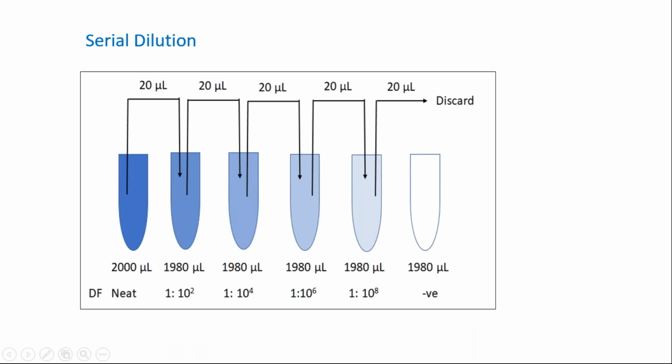So this is how the serial dilution is done. You have 2000 of the first, take 20, add it here, mix it well, take 20, add it to the next tube, mix it thoroughly, take 20, add it to the next tube, mix it thoroughly, and then you see the color is also changing and the dilution factor also is increasing.